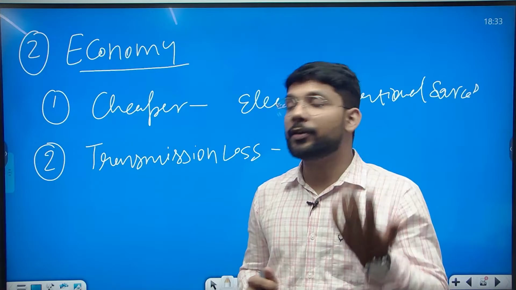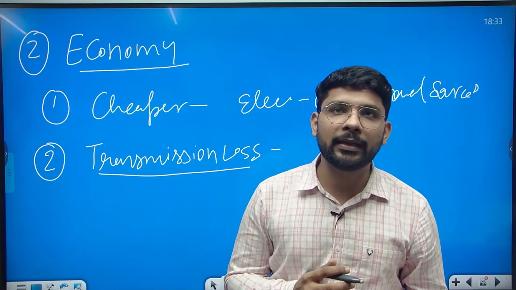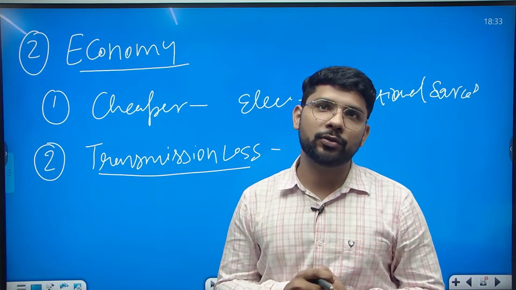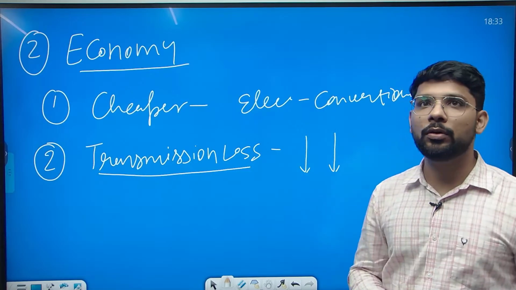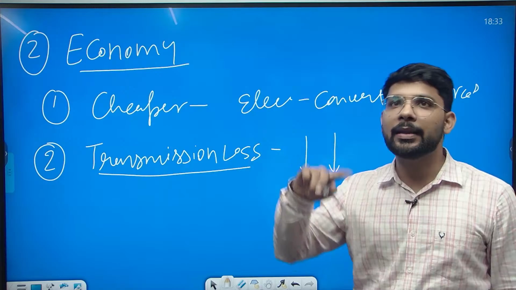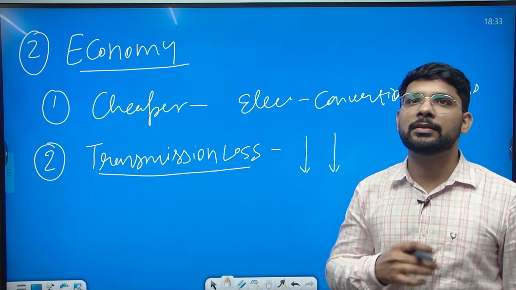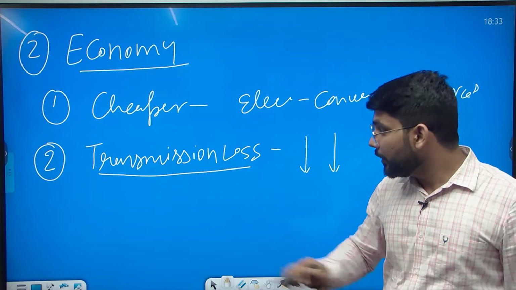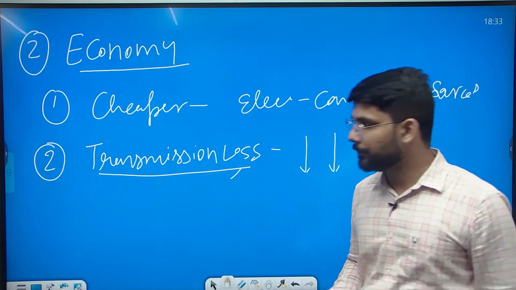So there is a huge transmission loss during the transmission of electrical energy to the household. There is very little transmission loss, or we can say zero transmission loss, because the solar panel is at the top of each house. So this is another benefit: there is zero transmission loss in the case of solar energy.